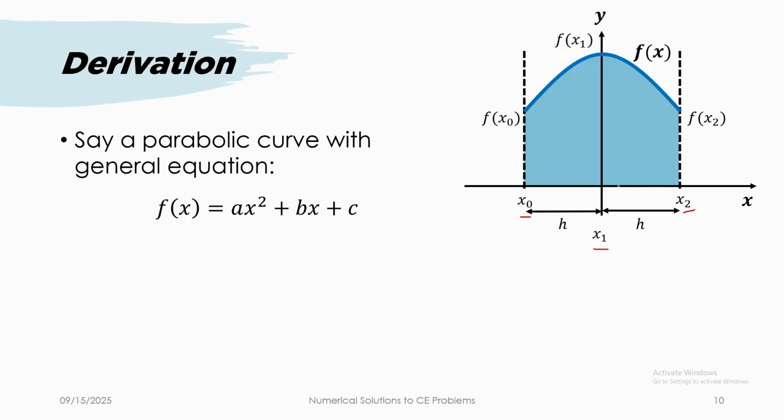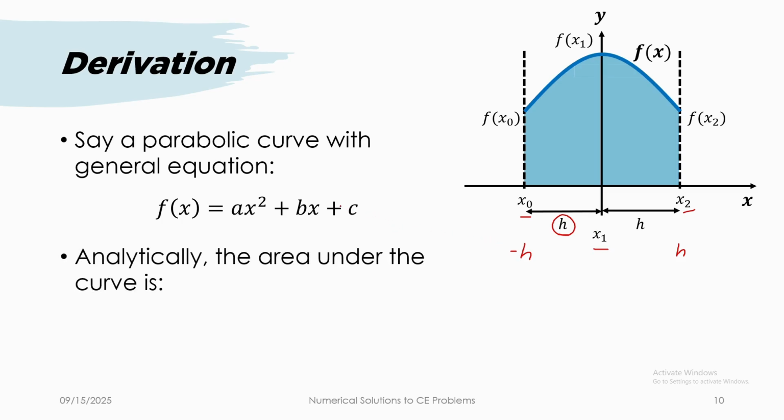Let's place x sub 1 at the origin so that x sub 0 and x sub 2 can have x values of the opposite sign. For x sub 0, that's negative h, and x sub 2, that's positive h. The distance of x sub 1 from x sub 0 and x sub 2 is set as the width, being h.